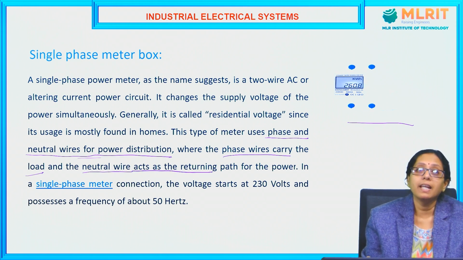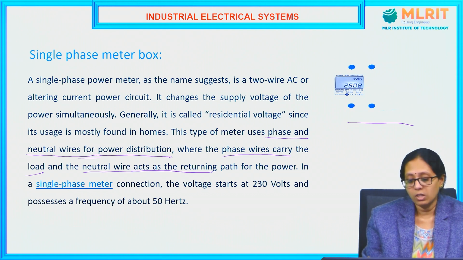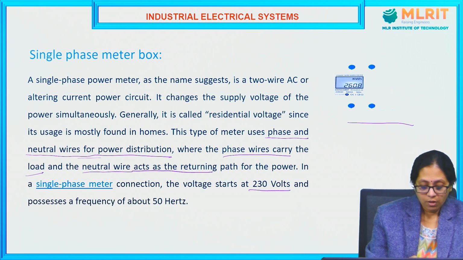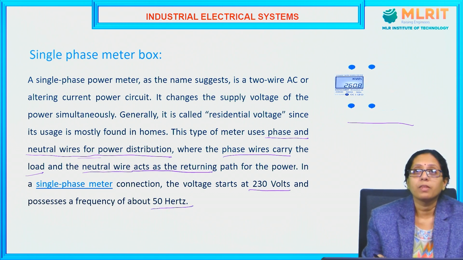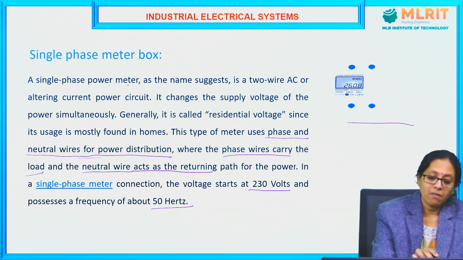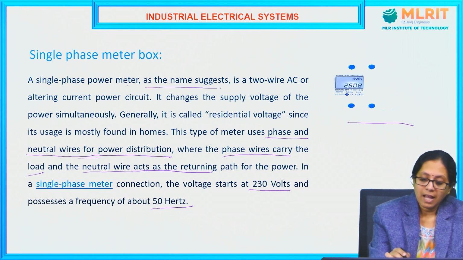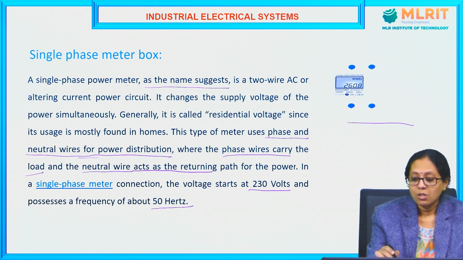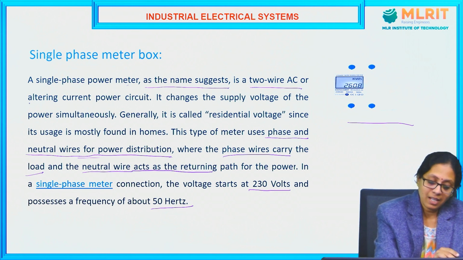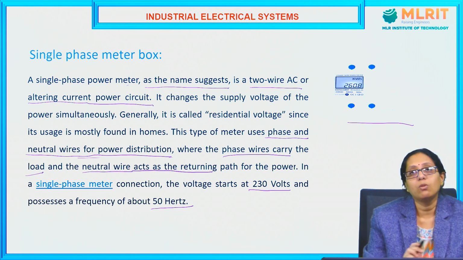In a single phase meter connection, it mainly deals with a voltage of 230 volts with a frequency of 50 Hz. So it is an AC device. A single phase power meter box, as the name suggests, is a two-wire AC alternating power circuit.